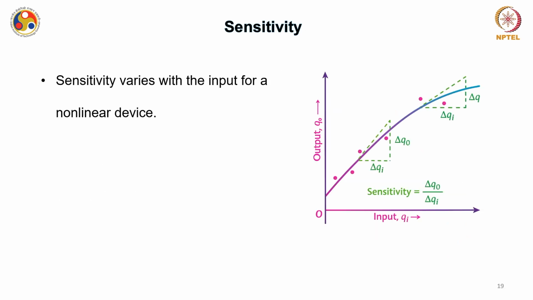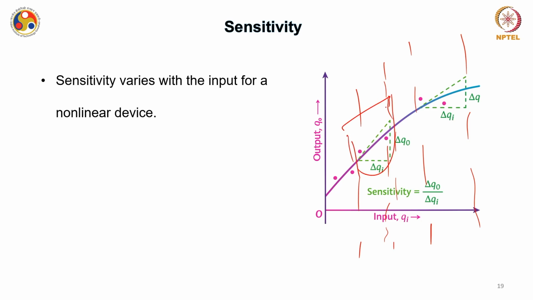Now, the sensitivity varies with the input for a non-linear device. For this you can find the sensitivity of a non-linear device in different regions. So, the sensitivity of this non-linear device in this particular range, or you can say I am using the word zone.